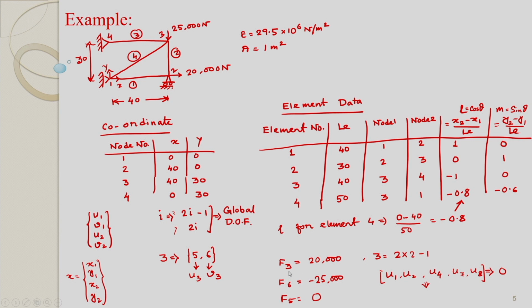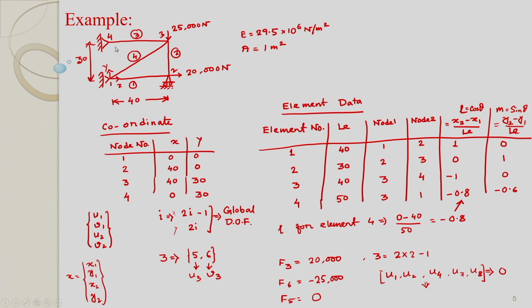So, it is F3, which is in x direction for node 2, that is 20,000 Newton, and on the third node in negative y direction, because it is in y direction. So, it is 2 into 3, that is 6. So, F6, and this negative sign takes care of that direction, and also on this node there is no force in x direction. So, F5 is 0.